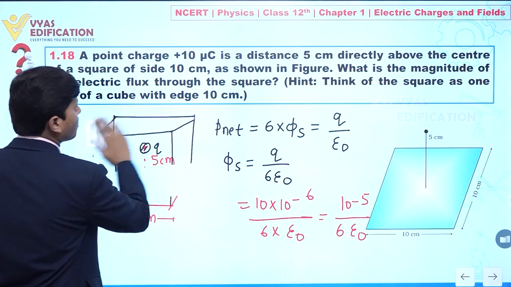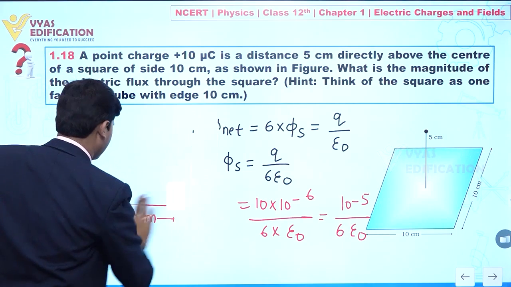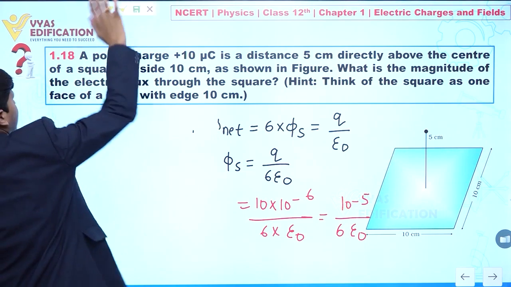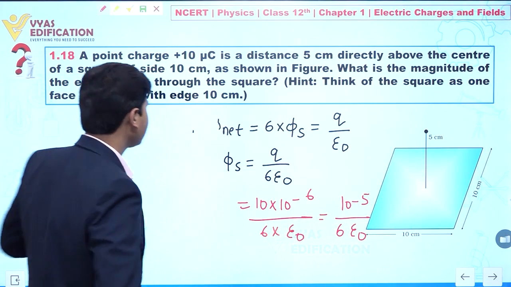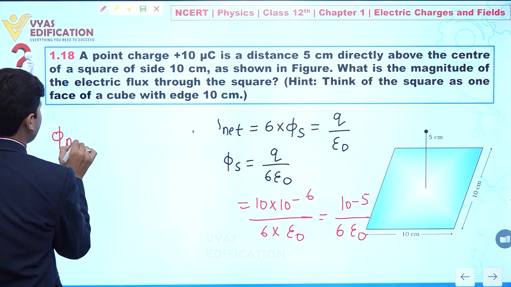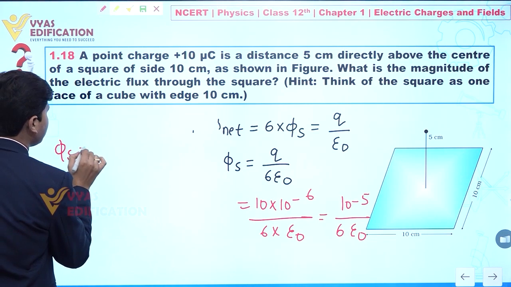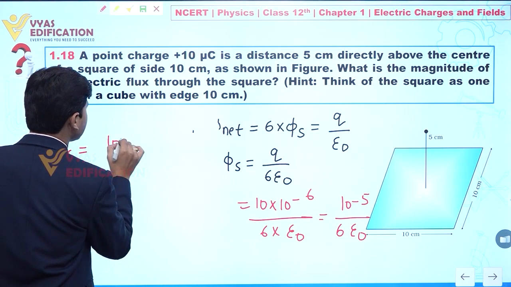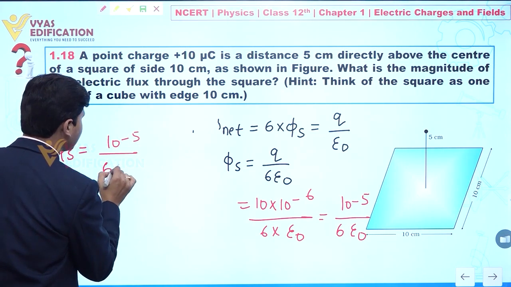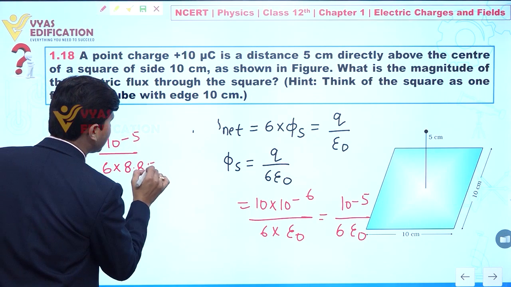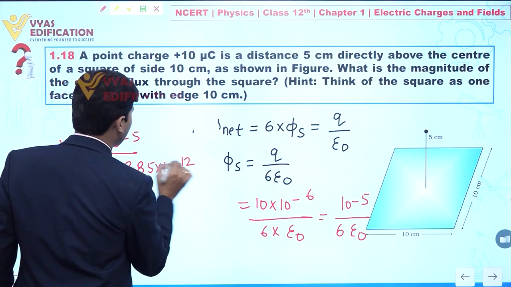Clear? So how can we write like this? Phi net, or we can say value of phi s, this should be equal to 10 to the power minus 5 divided by 6 into 8.85 into 10 to the power minus 12. Clear?